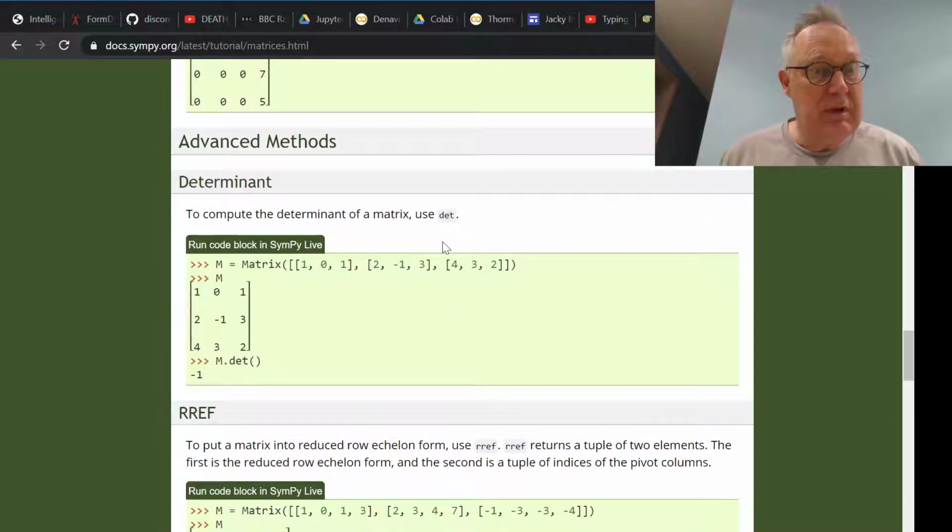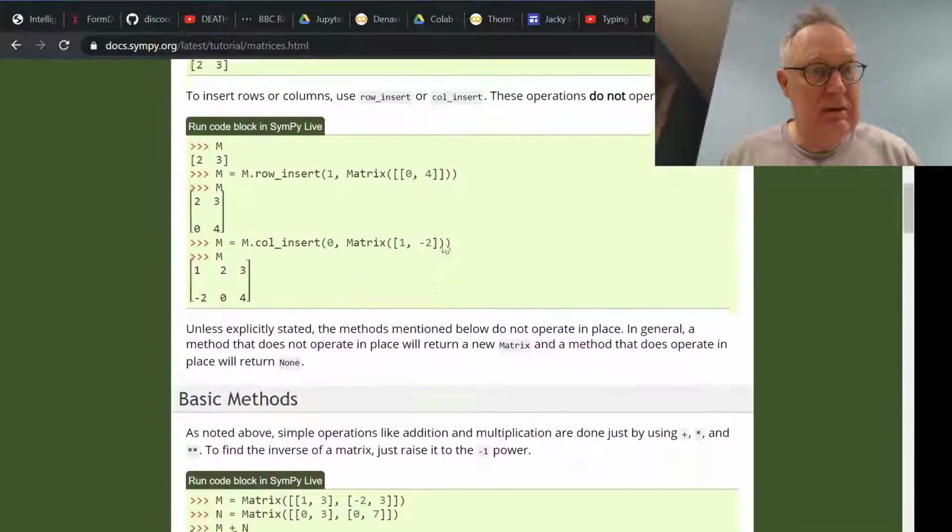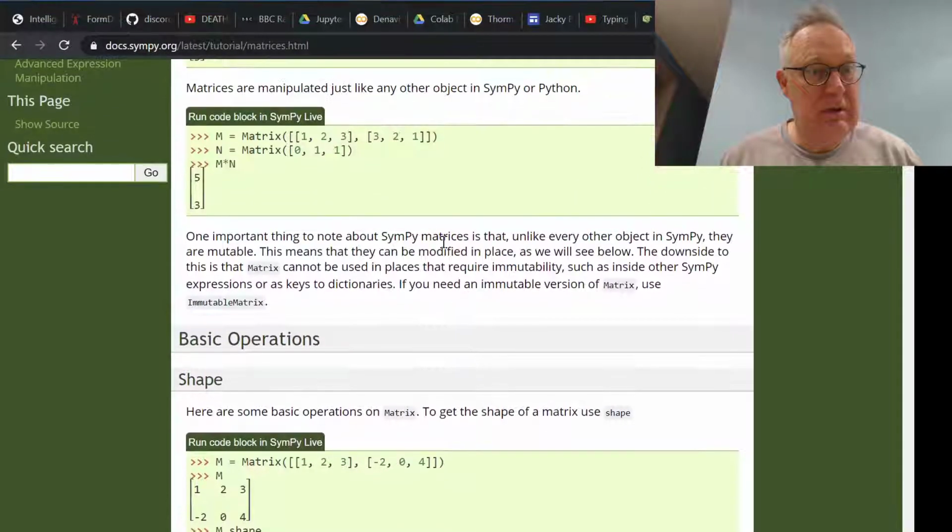I would print it nicely if I evaluate it. Print.